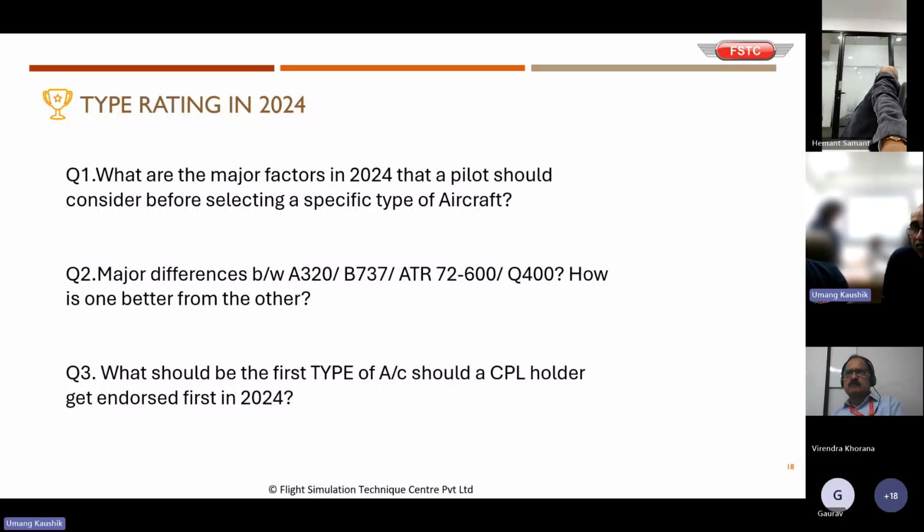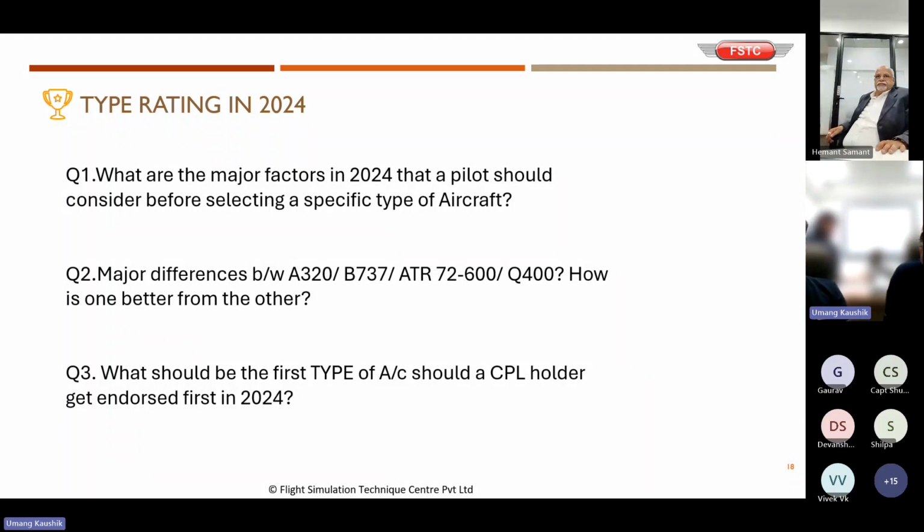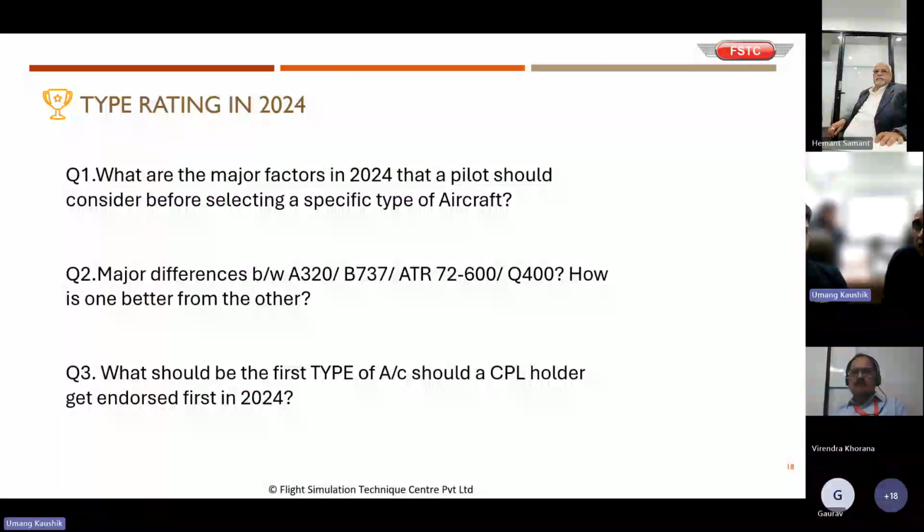Okay. So John has a question. Would you suggest a trainee who has recently completed CPL to start their type rating right after they receive their license, or should they wait for a month or two before going for type rating? Okay. When you talk of commencement of type rating, there are two aspects to it.